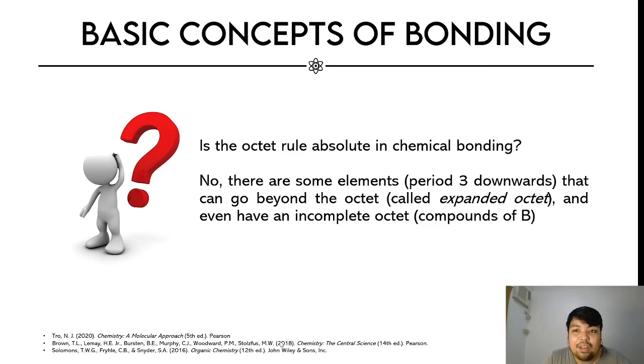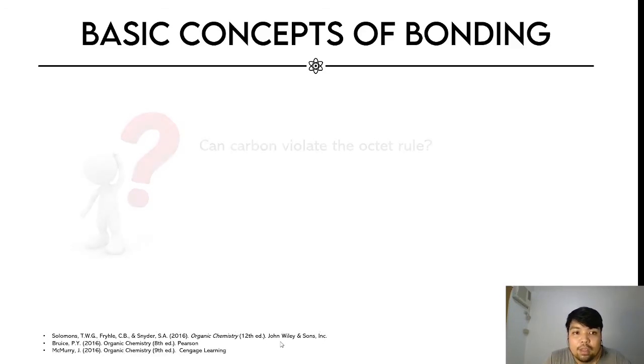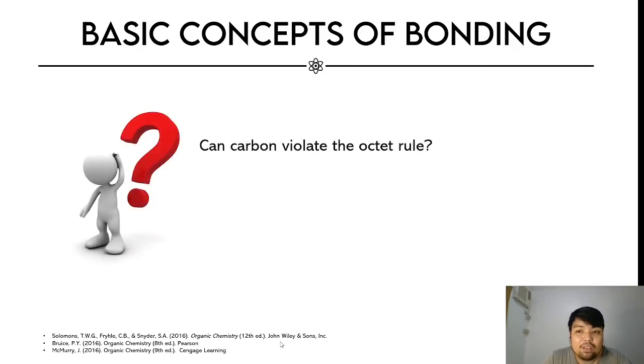Now, can carbon violate the octet rule? Well, in the context of organic chemistry, in the lessons that we will tackle throughout this course, carbon cannot go beyond 8 valence electrons.